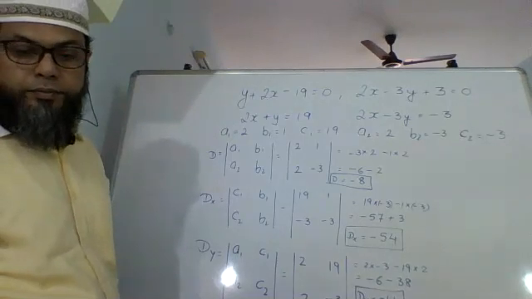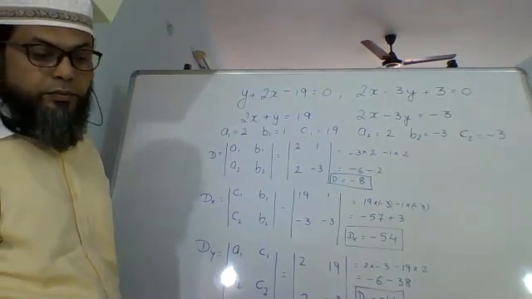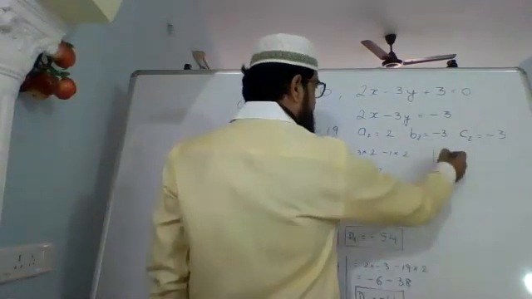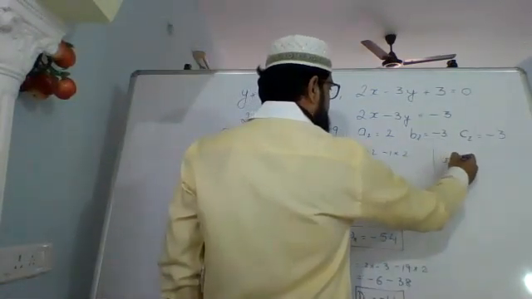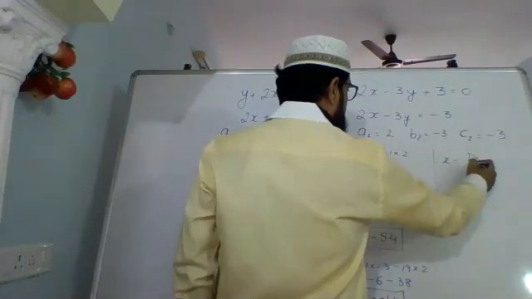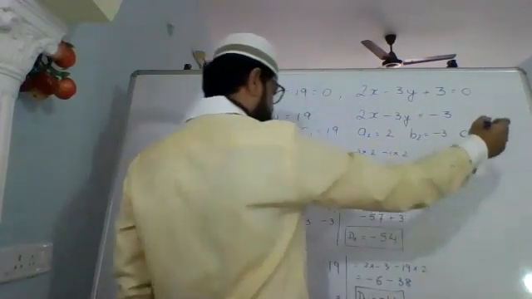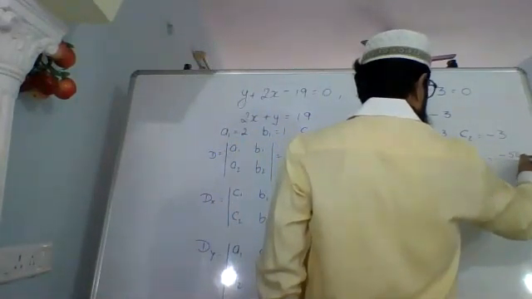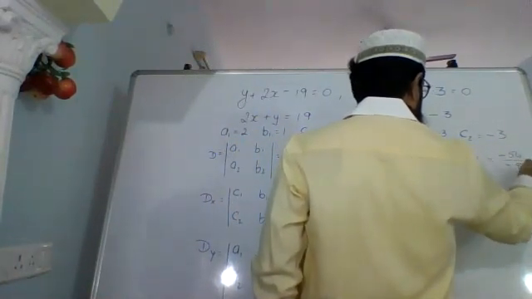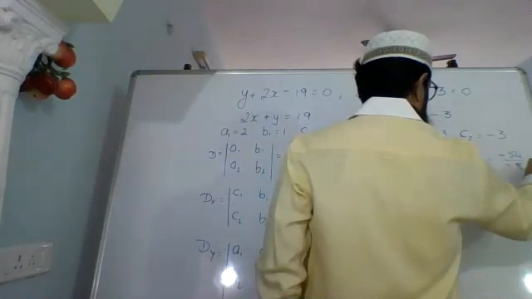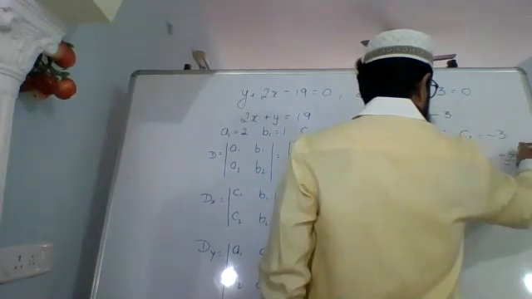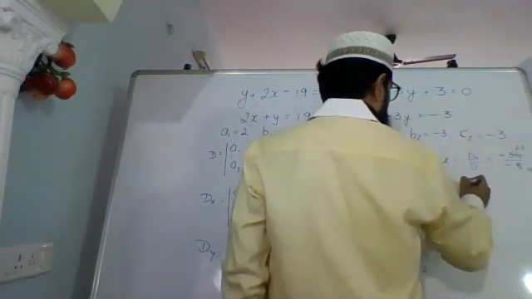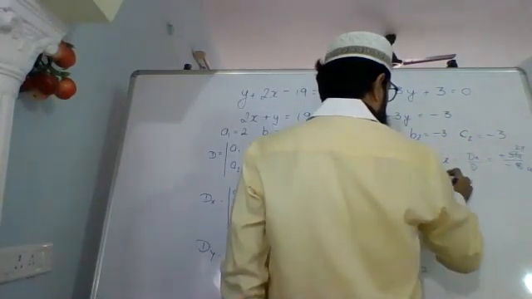Okay. So what is x? x equals Dx upon D, which is minus 54 upon minus 8. Minus minus will cancel. 2 fours are 8, 2 27s are 54. x equals 27 upon 4.